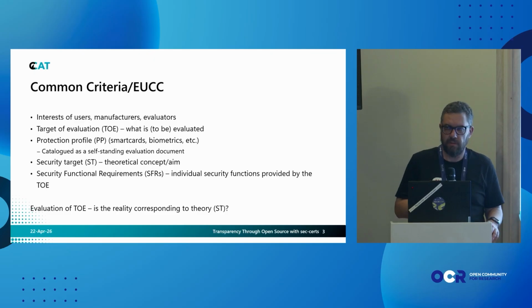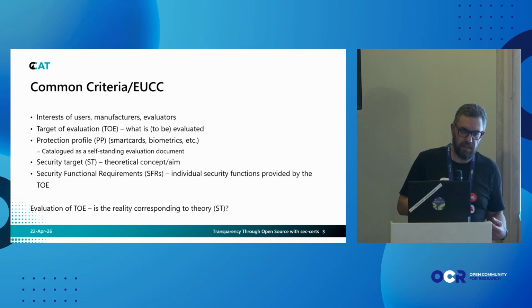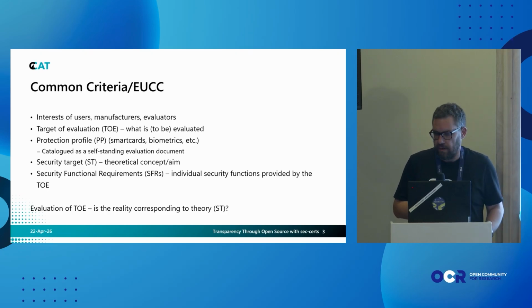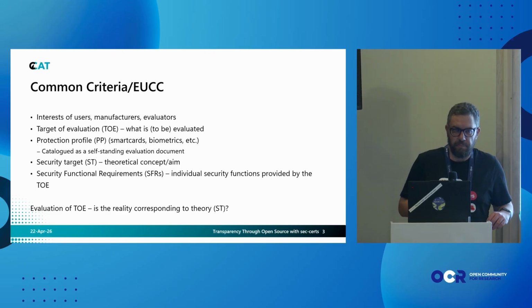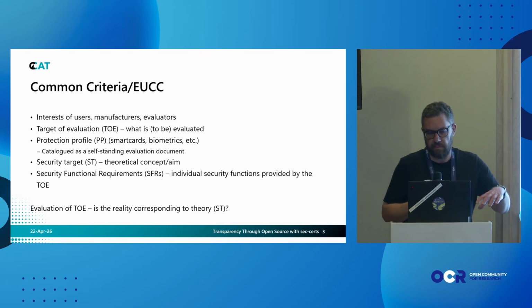So, Common Criteria, EUCC. You have the so-called target of evaluation. That's basically the part of your product that is going to be evaluated later in the process. There are a few things. The security functional requirements basically define what your product implements from a security standpoint, and then it's evaluated.